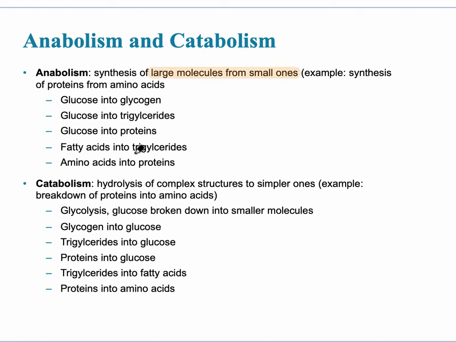So a few of those examples are many glucose molecules being added to make the larger polysaccharide called glycogen. There's also the example of glucose that can be used to make fats or part of the molecule, and that's called triglycerides. Or the glucose can be converted into proteins.